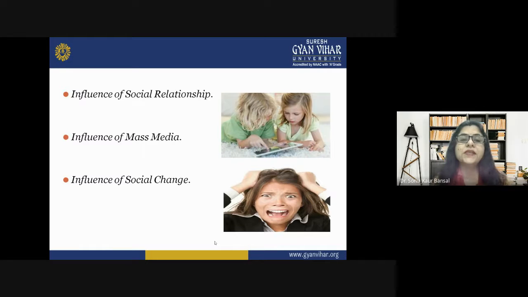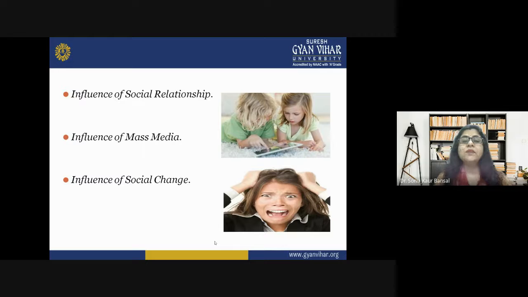The next cause we can see is the influence of mass media. So multimedia, mass media, they play an important role. Maybe the child is following some actor or actress, and some particular kind of behavior he has seen in the movies, or some kind of viral messages are there that are affecting him to a great length.